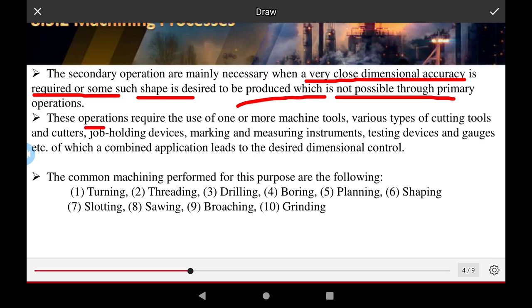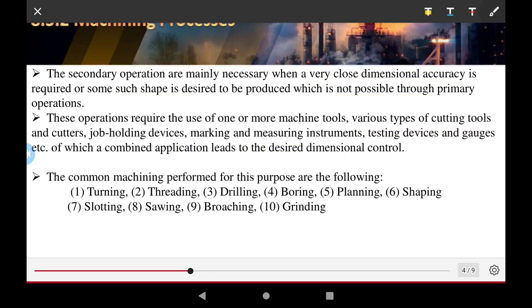This operation requires one or more machine tools, various types of cutting tools and cutters, job holding devices, measuring and transfer instruments, testing devices, and gauges, which are combined to achieve the desired dimension control in the manufacturing operation.